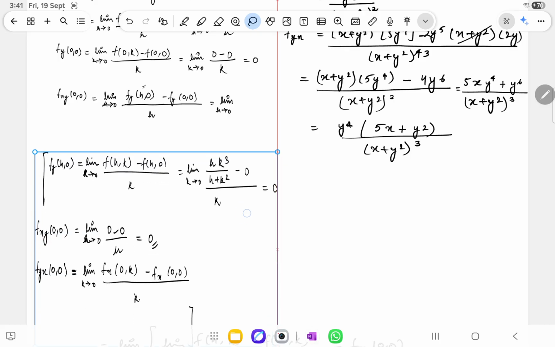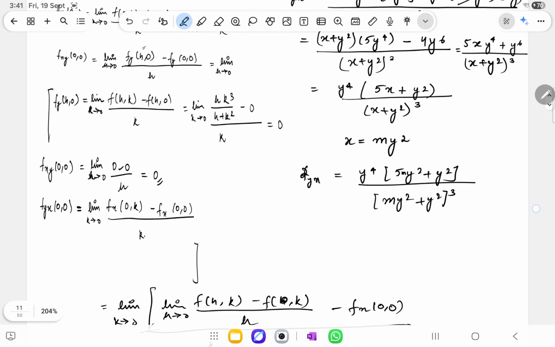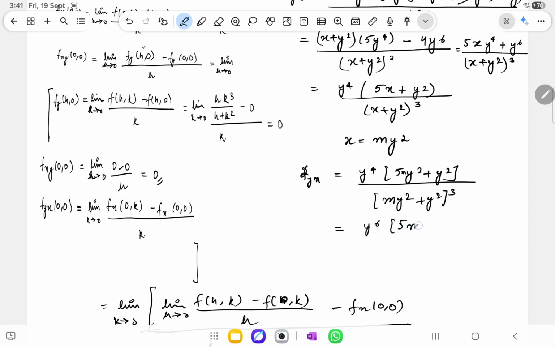If here I take my x as equal to m y square, then fyx will reduce to basically y raised 4 into 5m y square plus y square, divided by (m y square plus y square) cube. So it will be basically equal to y raised 6 into (5m plus 1), divided by (m plus 1) cube into y raised 6, and this balances out this.